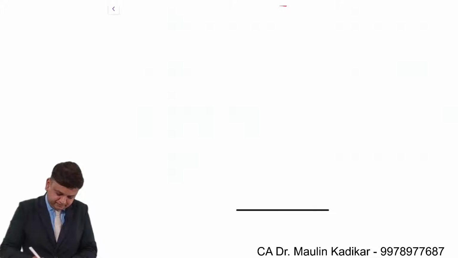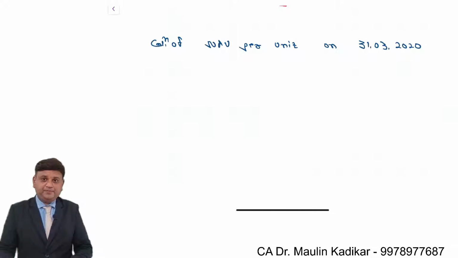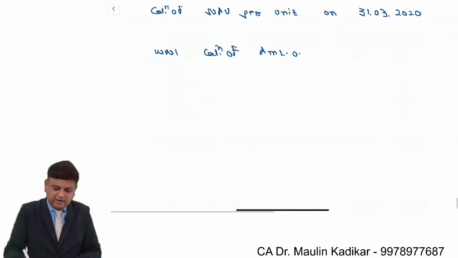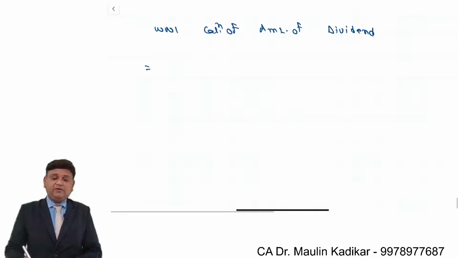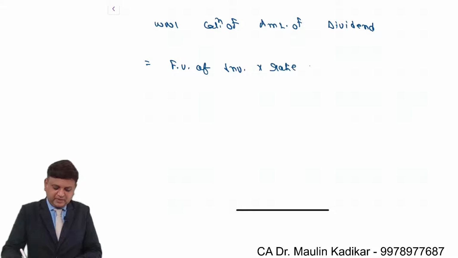So let us answer. Calculation of NAV per unit on 31st of March 2020. In that write down, working note number 1, calculation of amount of dividend. It will be calculated as face value of investment into rate of dividend.